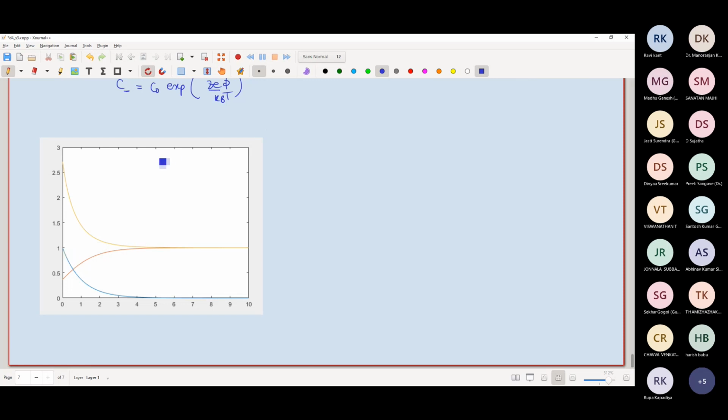For plotting this only, I have set zeta equal to 1, I have set lambda d equal to 1, and I have set all of these, z e over kT, all these things, to 1. Because they are just constants, I just need to know the functional dependency.